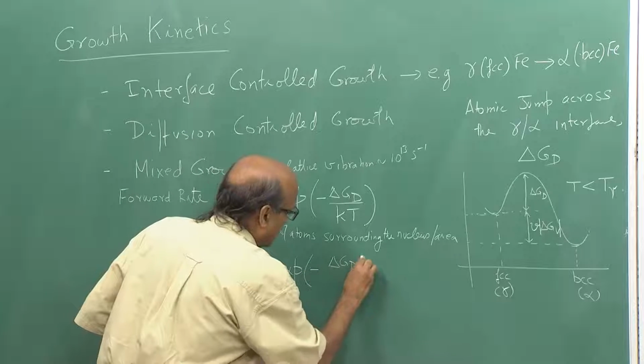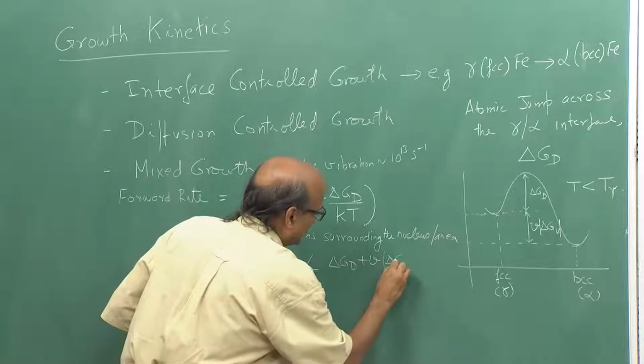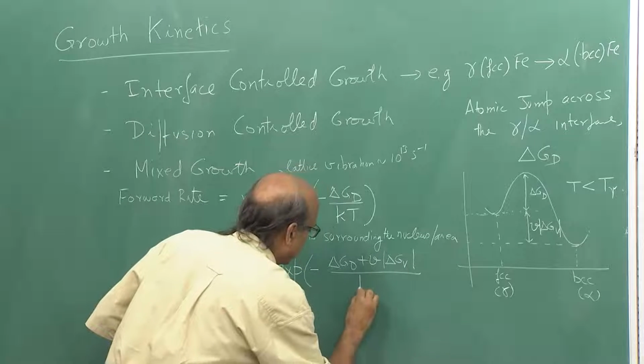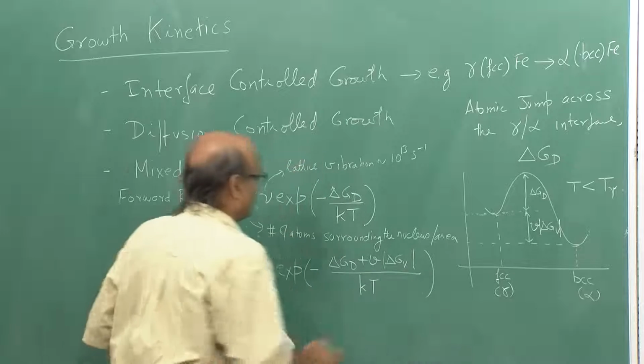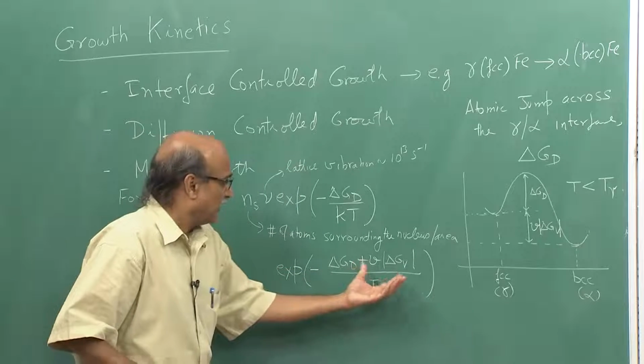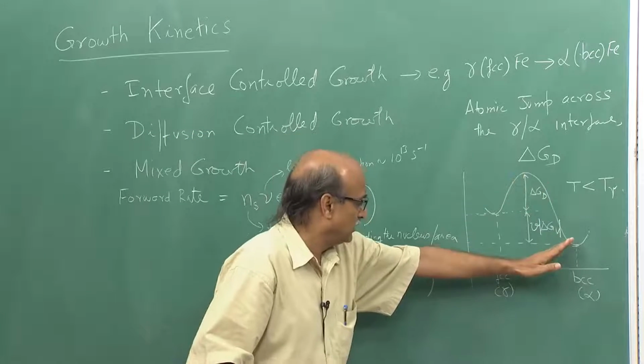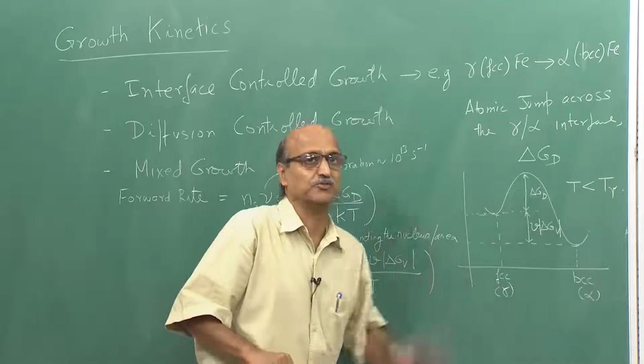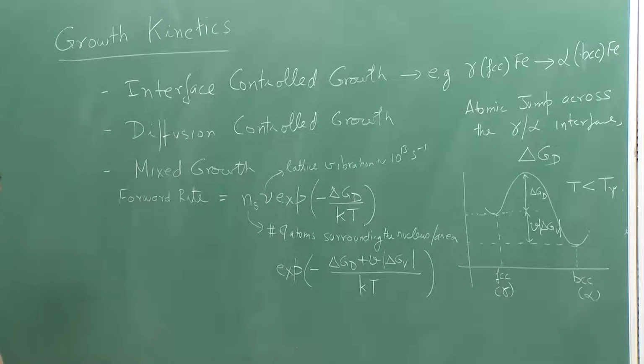Let me write this as exponential minus delta GD plus V delta GV divided by KT. So, here we have a higher barrier for an atom to jump from BCC to FCC for temperatures below the transformation temperature.